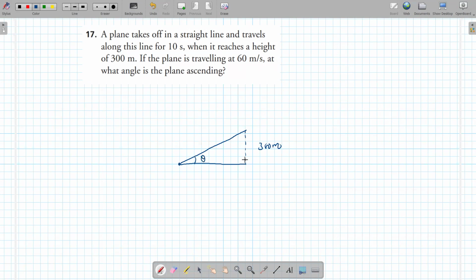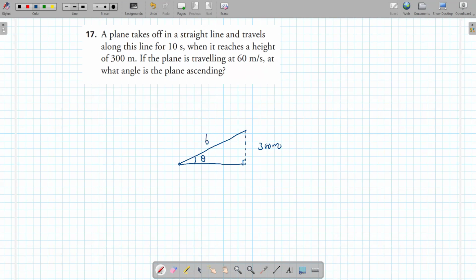So we're looking for this angle down there, the angle of elevation for the plane. We know the opposite, but we're going to need one more side of this triangle. How do we find the other side? Do we have enough information? The adjacent is 600.